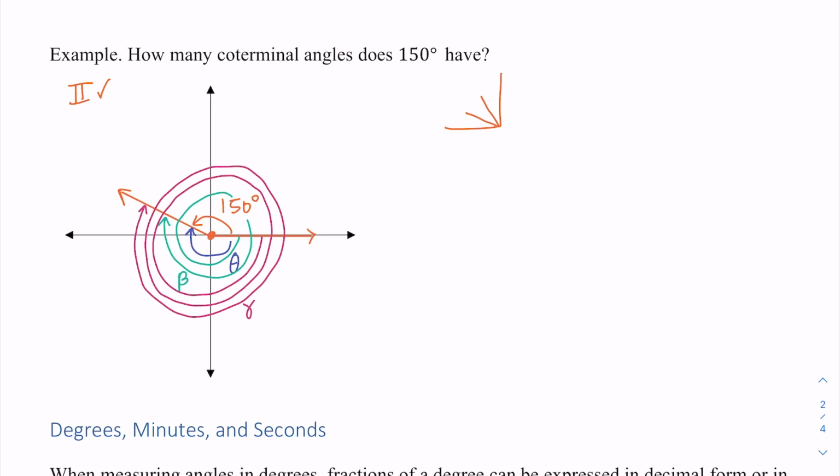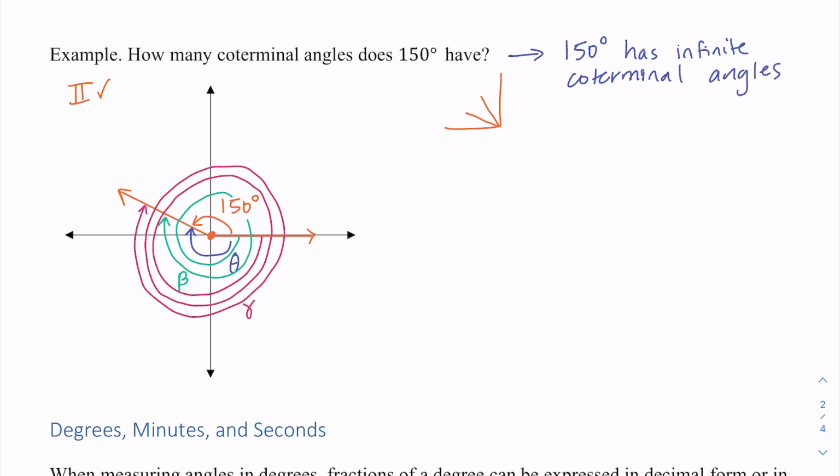And so what we have here is that 150 degrees, and any angle, has infinite coterminal angles.